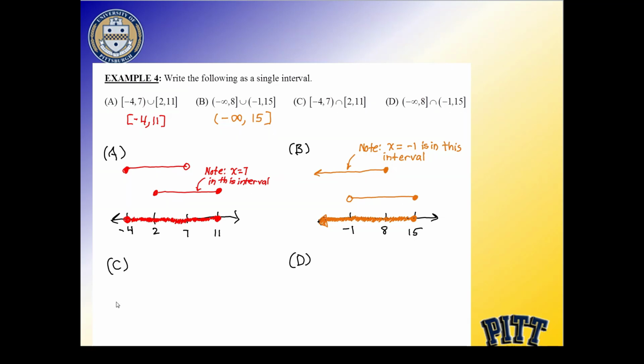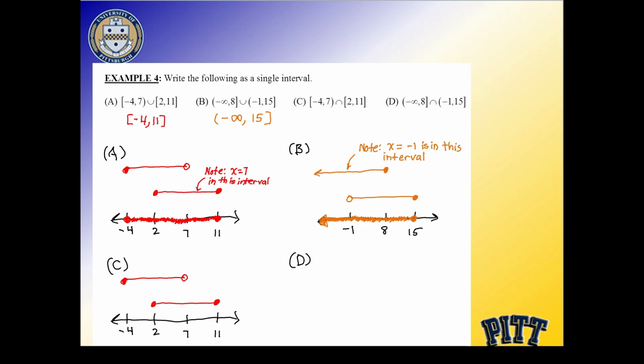For C and D, I'm going to be doing the same number lines, with the same starting graph as I did for A. The other thing that's different here is I have the intersection symbol, which means that I have to satisfy both original intervals, and only the parts that satisfy both are included.